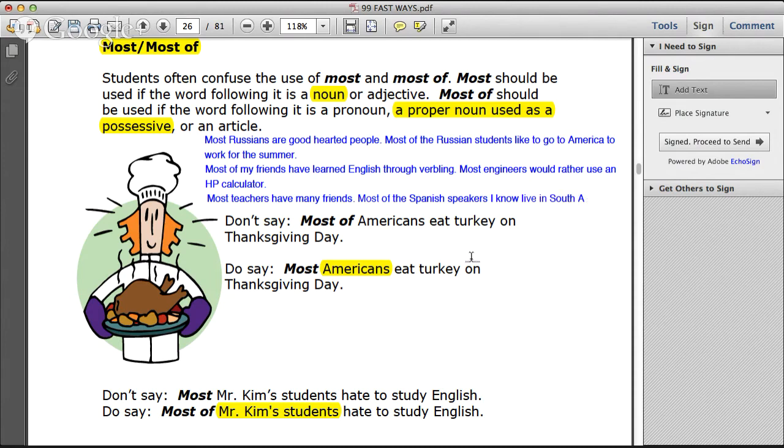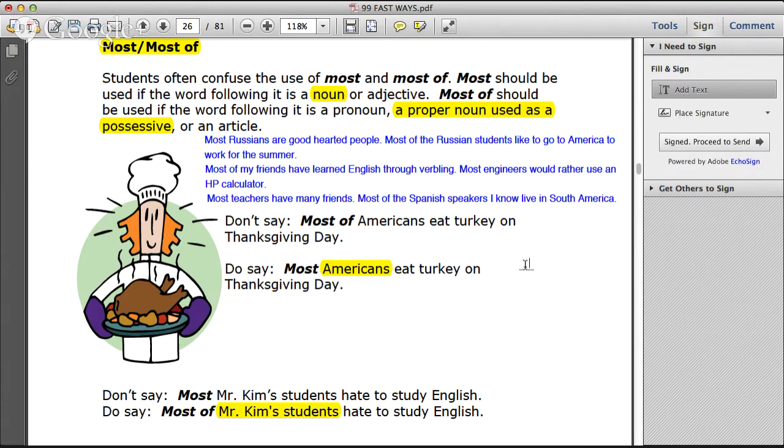So in one, you're using it as an adjective, saying most Spanish speakers, Spanish being the adjective. But here, you're saying most of the, an article, Spanish speakers I know. All right, very good.